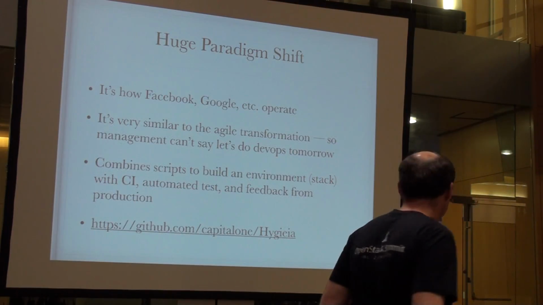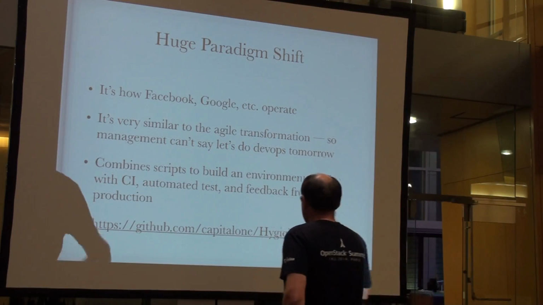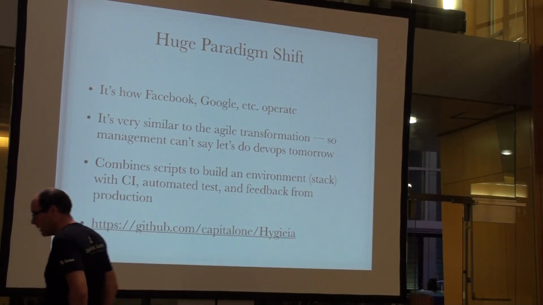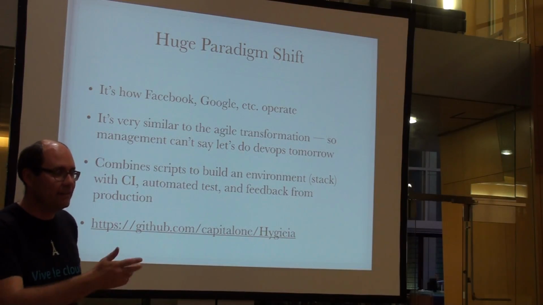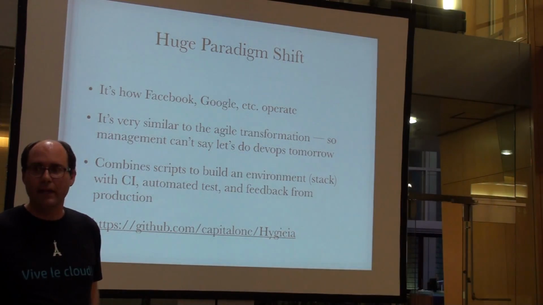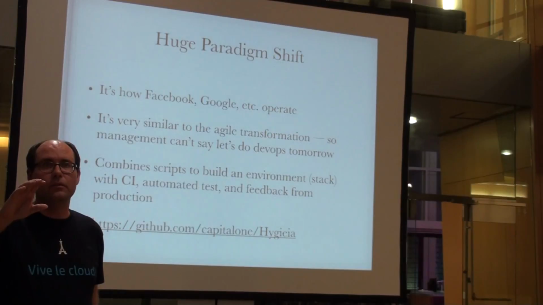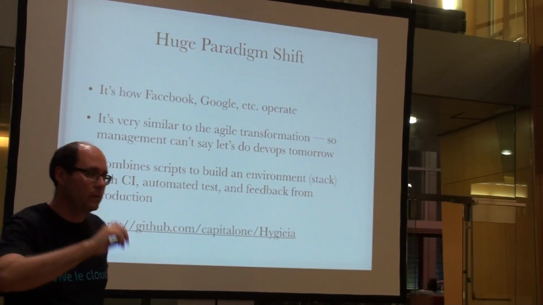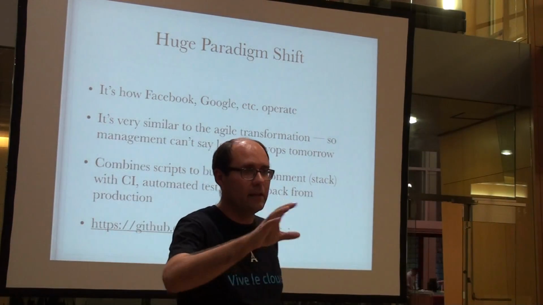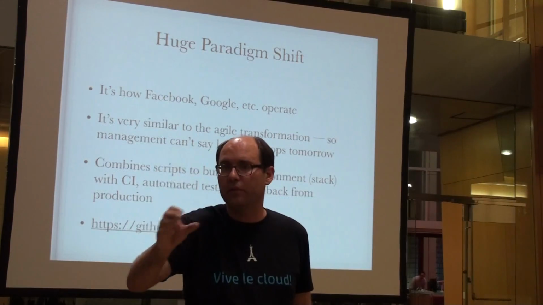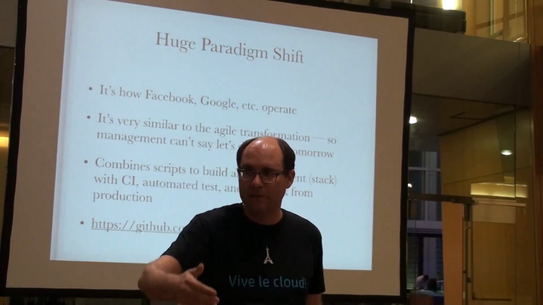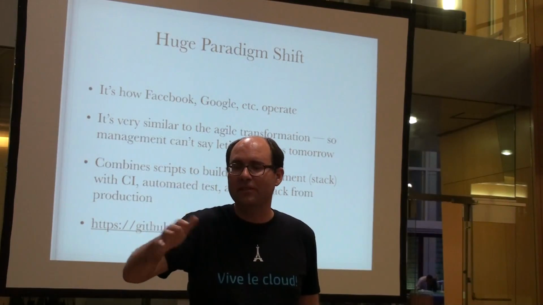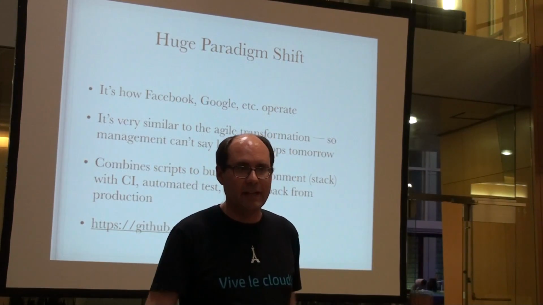So, feedback from production. This is fairly new. Interestingly, Capital One has installed this today. You wouldn't expect them to be that forward thinking, but they are. They made a dashboard where they can track all their systems and the quality, how the tests behave, which environments are down, and so on.